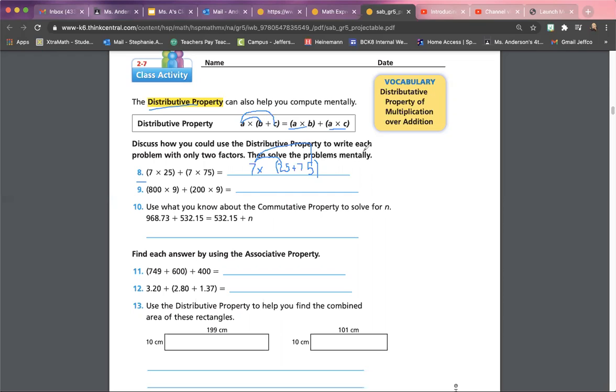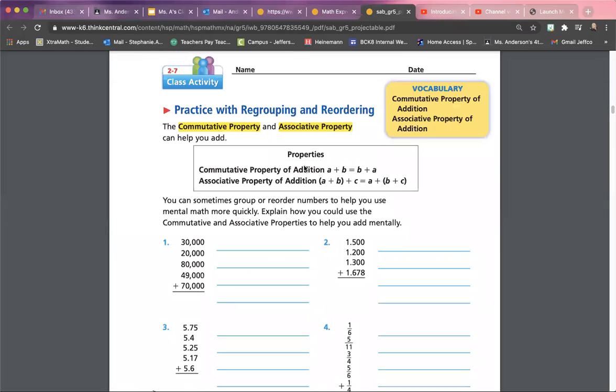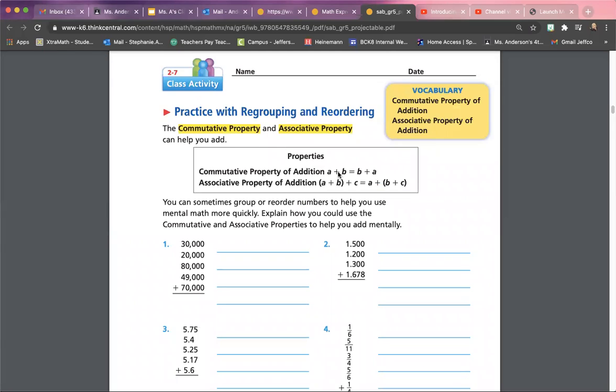So today, mental math is our focus, using what you already know. This shouldn't be anything new. It should be things we already know. We might have forgotten some of it. But again, we're going through these 3 properties. So I want to go back just to our top to quickly review. So our commutative, think of it as our fact families. We can swap numbers out. It doesn't matter the order.